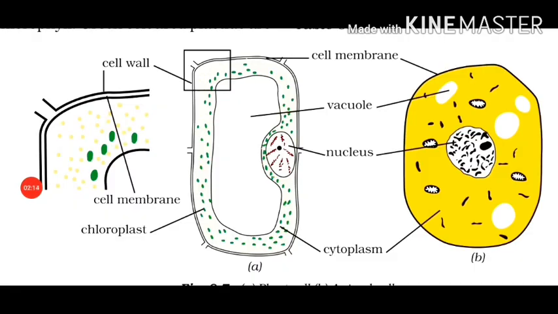Now, we know that cell membrane gives a shape to the cell. However, in plant cell, there is an additional thick layer which is called as cell wall, and it is present only in the plant cells. Now, all of you would be wondering why plant cells need cell walls? This additional layer surrounding the cell membrane is required by plants for their protection.